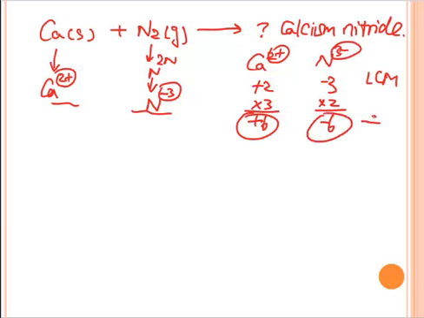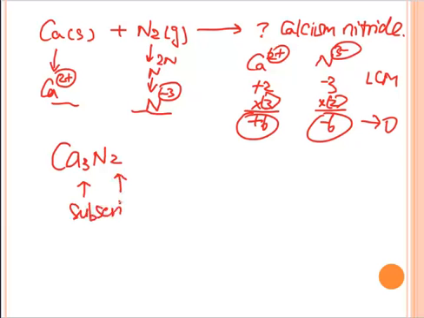The sum is 0. Now I circle them. The formula unit for calcium nitride is Ca3N2. Those 2 are what we call subscripts. That is indicating you have 3 calcium ions and 2 nitride ions put together, which gives you the correct representation for calcium nitride.